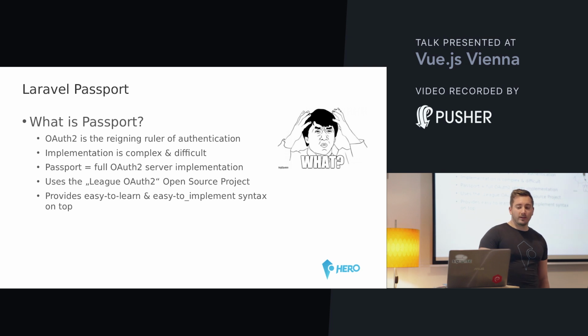First of all, what is Laravel Passport? It's an OAuth 2 implementation. OAuth 2 is the ruler of authentication currently. Facebook, Twitter, LinkedIn, and all of the services use OAuth 2. But the implementation is quite complex and difficult if you build it up from scratch.